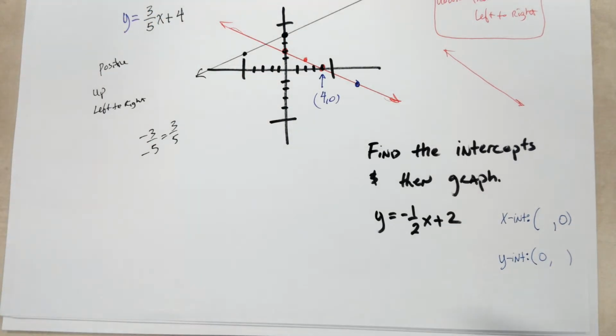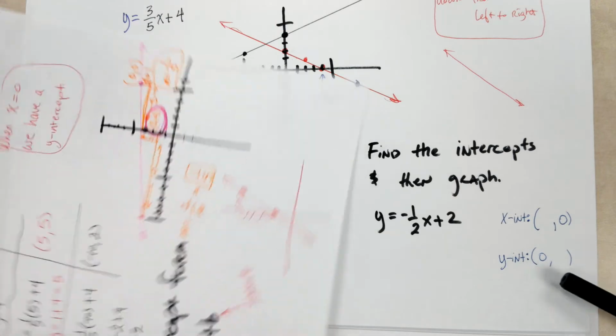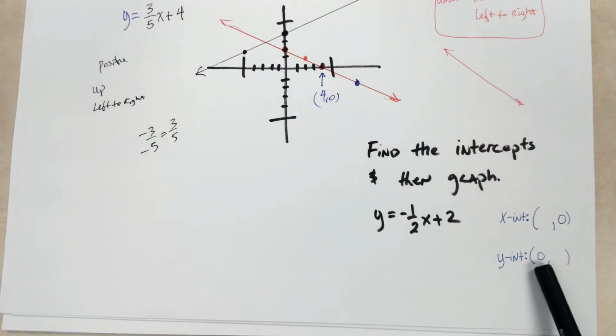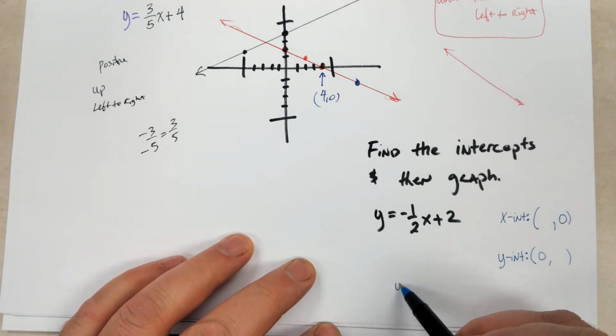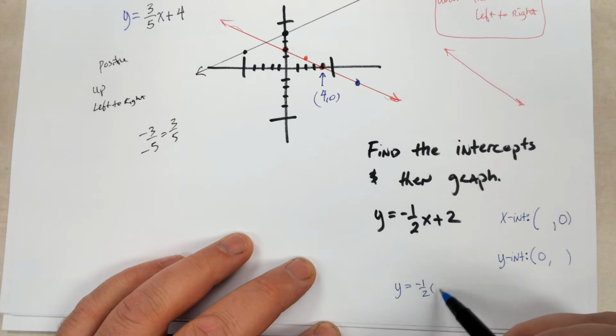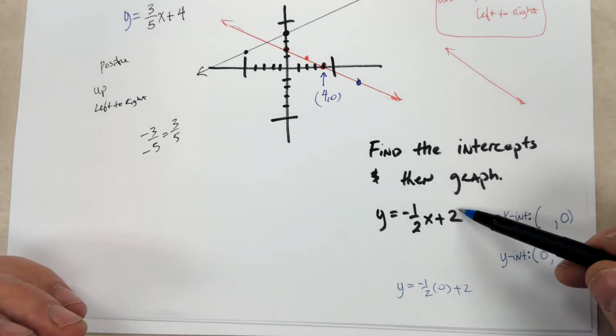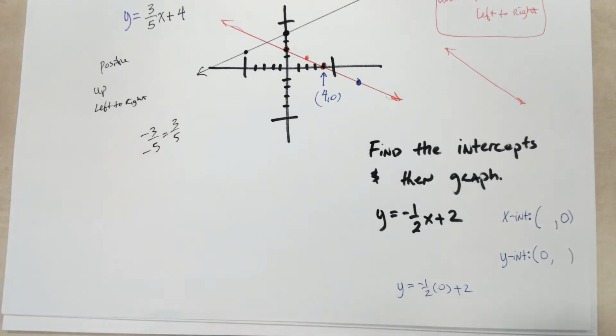You remember how we plugged in 0 for x on our t-chart? Well, that's what this means. We're just going to take our equation and plug in 0 for x. So that's y equals negative 1/2 times 0 plus 2. We could have used the shortcut and said 2, but if it was a different kind of equation, we'd have to do the math.